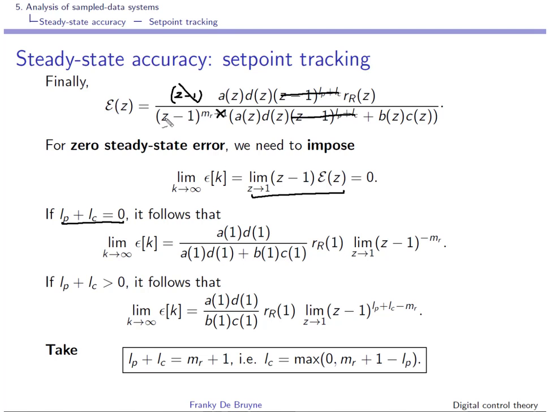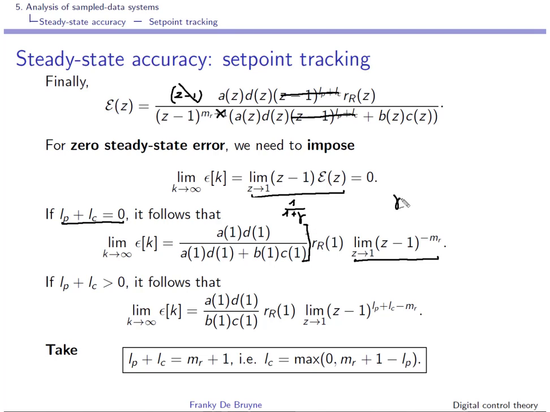You're left with the 1 over z minus 1 to the power mr. Okay, so you replace everywhere z with 1, and you'll end up with this limit over here, and this is 1 over z minus 1 to the power mr. Note that this quantity over here is linked to gamma, the open loop steady state loop gain, and this quantity here is 1 over 1 plus gamma.